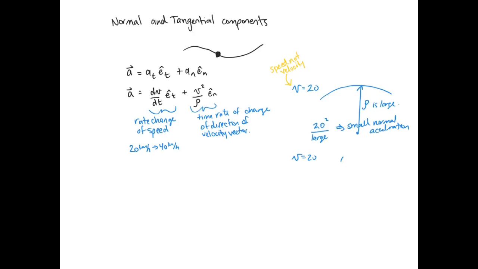This means that your radius of curvature is really small. So then you have the same speed, 20, divided by a small number, equal to a large normal acceleration. So this is why when you take a tight turn, you feel that acceleration so much more.